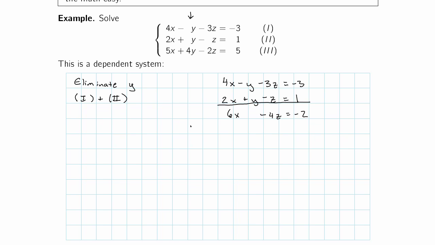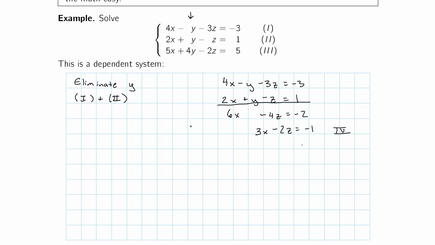In order to make my future self's life easier, I'm going to go ahead and put this in standard form. I see those numbers all have a common factor of 2. I'm going to divide by that, and I'll have 3x minus 2z equals negative 1. I'll call this equation 4.